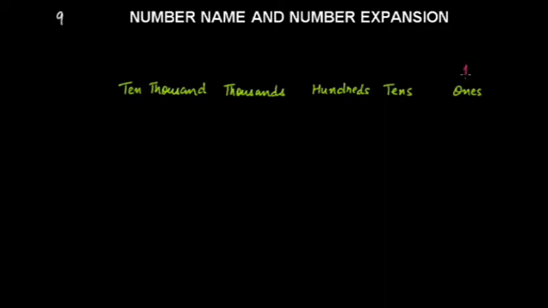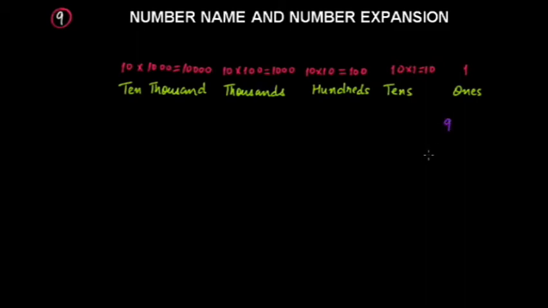Its value is 1, its value is 10, its value 10 multiplied by 10 is equal to 100. 10 multiplied by 100 is equal to 1000, and 10 multiplied by 1000 is equal to 10,000. Now if we have only this number of a single digit, we'll put it here.